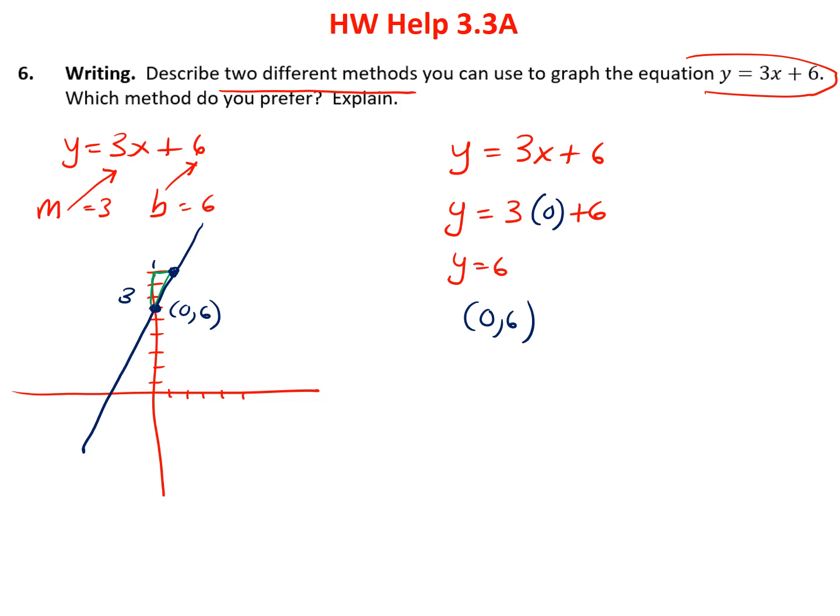That's our y-intercept point we expect. Well, let's let x be something like 1. So if I let y equal 3 times 1 plus 6, notice I get y equals 3 plus 6, or y equals 9. So another point would be (1, 9).